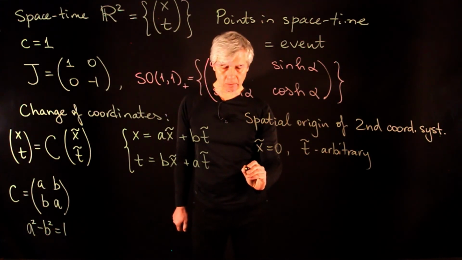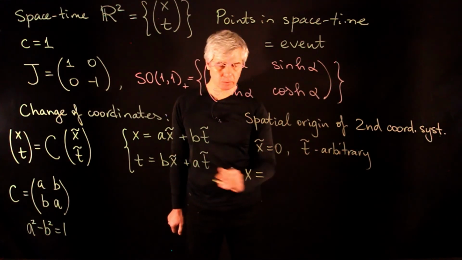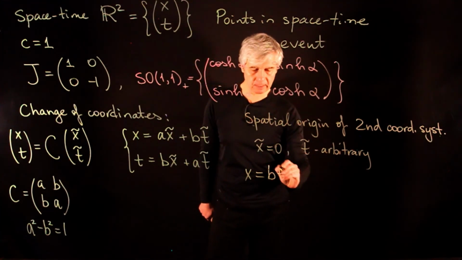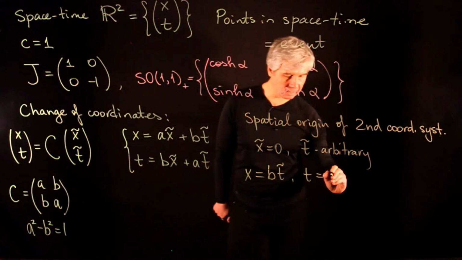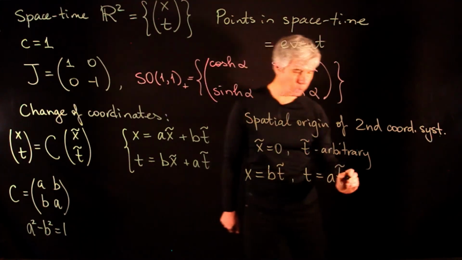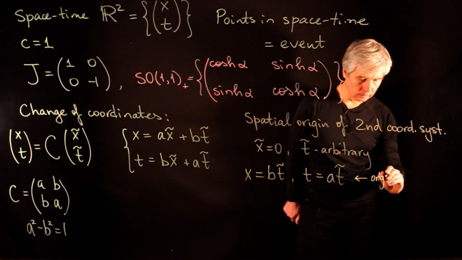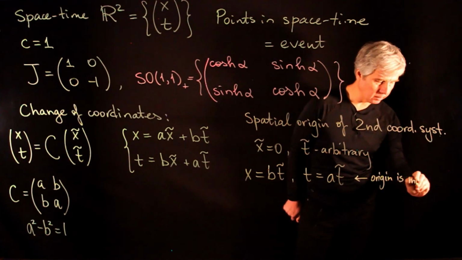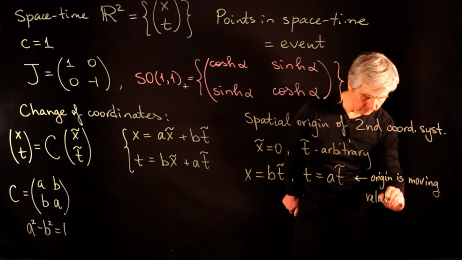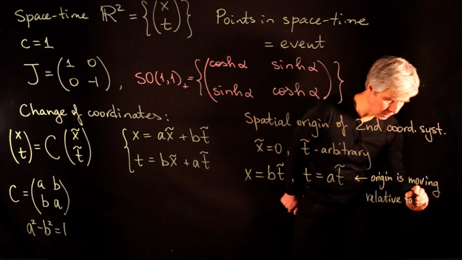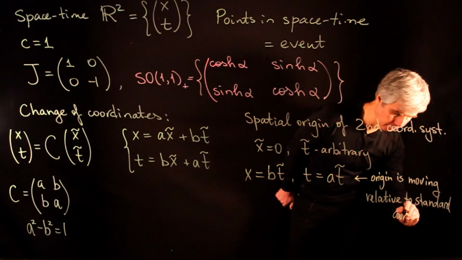Here we take into account that x tilde is equal to 0, so x becomes B times t tilde, and t is equal to A times t tilde. So what we see is that this origin is moving relative to the standard coordinate system.